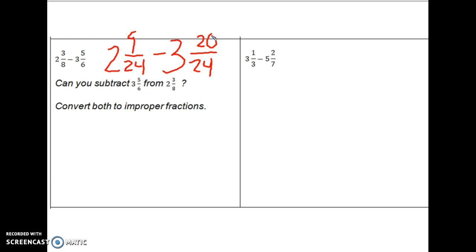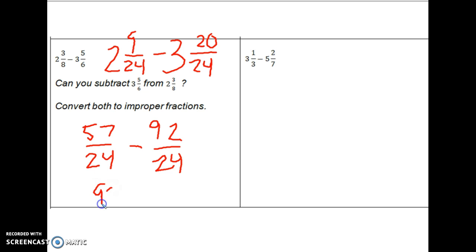So then from here, you can either change them both to improper fractions, which if you do that, you're going to do 24 times 2, and then add your 9, so that's going to give you 57 24ths. And you're going to do the 24 times 3 plus 20 gives you 92 24ths. Can't take 92 24ths from 57 24ths, so we're going to switch it around, and we're going to subtract 92 24ths minus 57 24ths.